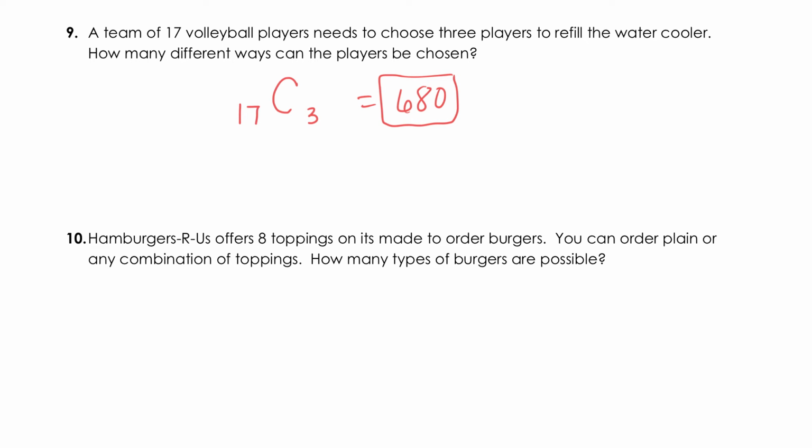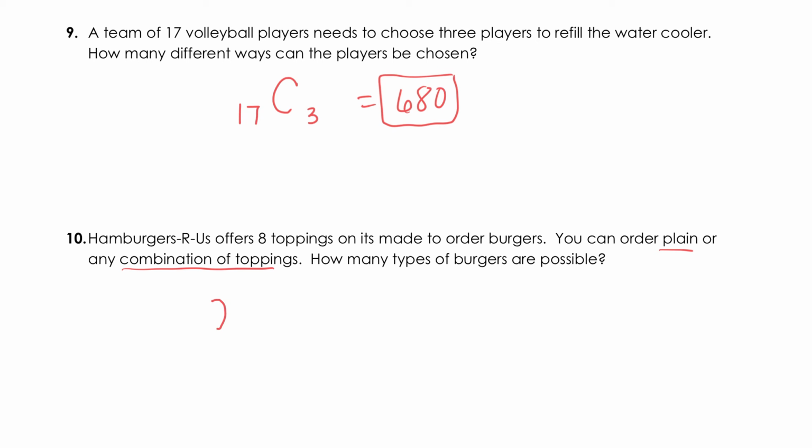And then the last one, Hamburgers R Us offers 8 toppings on its made-to-order burgers. You can order plain or any combination of toppings. So that gives you a total type of toppings as 9, because plain has to be considered a topping.